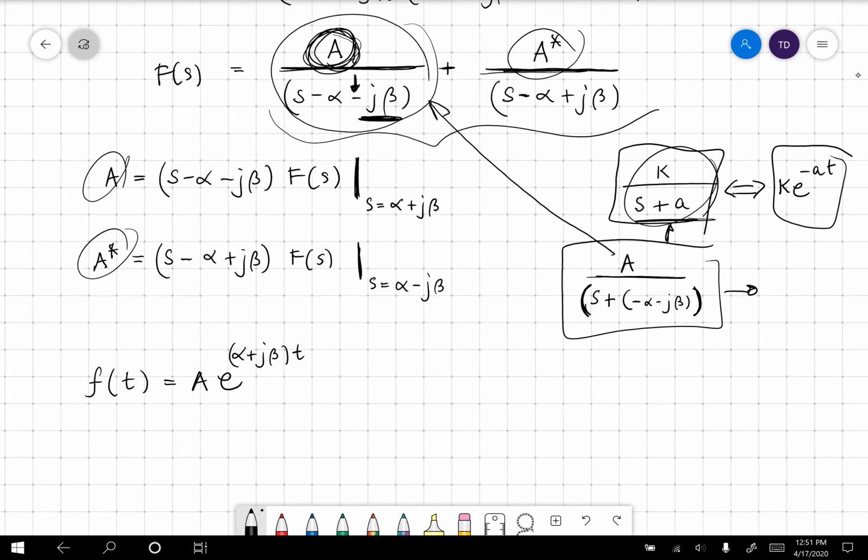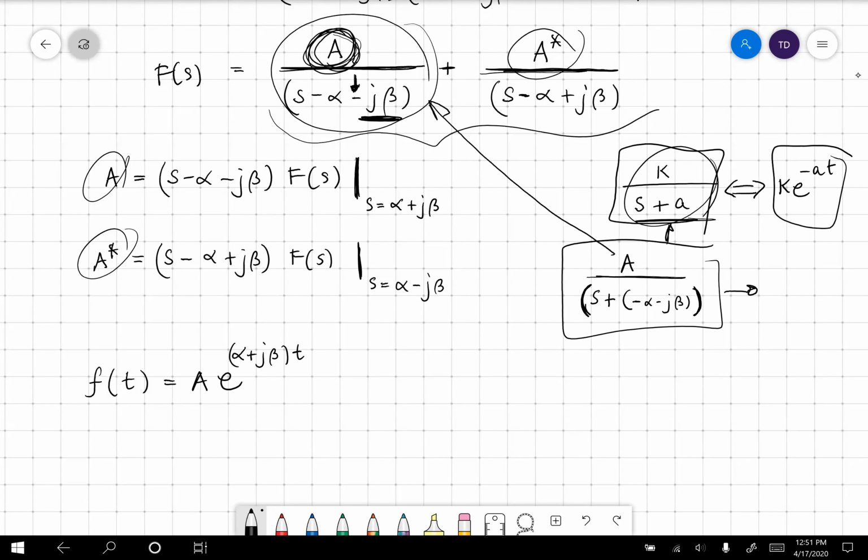Therefore, we know for our partial fraction expansion that F of S is equal to, well, first it was A over S plus 1, remember that. A over S plus 1, and A is minus 1, so let's write that. So it's minus 1 over S plus 1.